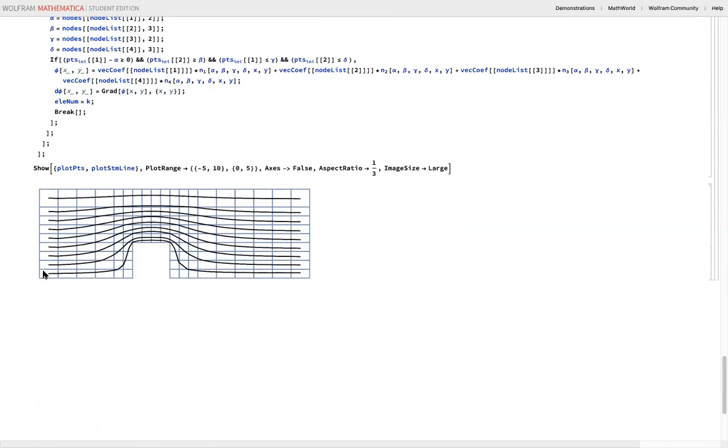If you dropped an object here and let it flow along this vector field, this is the path that it would go under the flow.